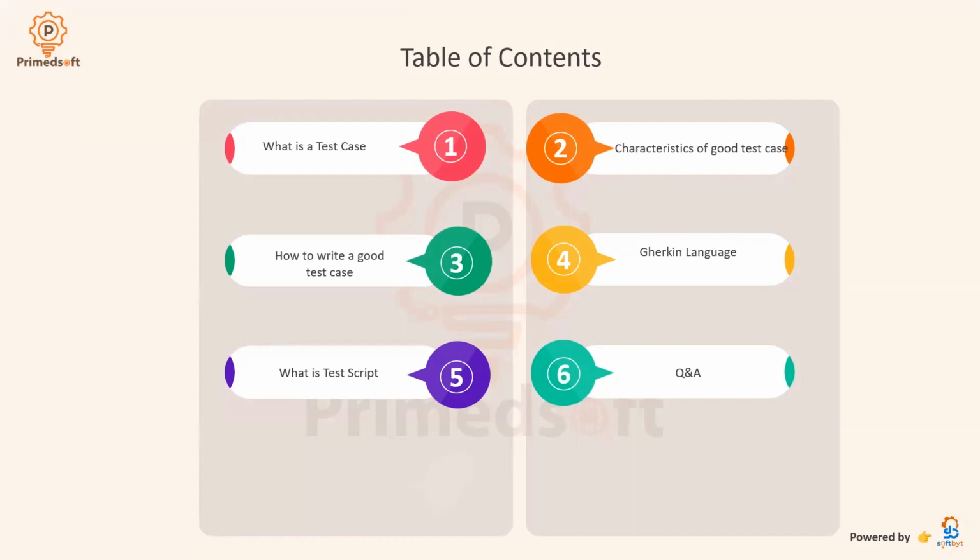We would look at how to write test cases, then look at what language we can use for test cases, and that language is Gherkin language. So we'll look at what Gherkin language is, and under Gherkin language, we'll also look at Gherkin syntax. We'll look at what a test script is, and then question and answer.